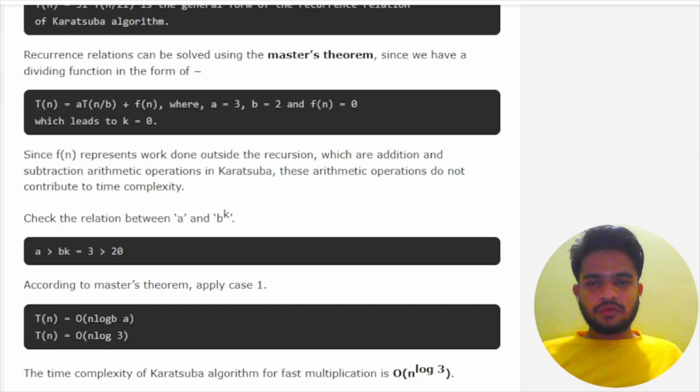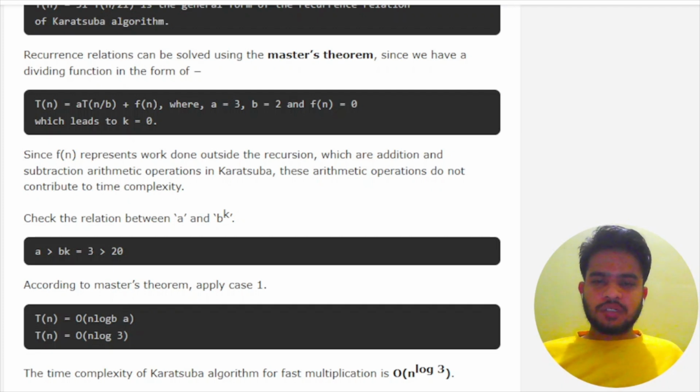Recurrence relations can be solved using the Master theorem. Since we have a dividing function in the given form, f of n represents work done outside the recursions, which are addition and subtraction arithmetic operations in Karatsuba. These arithmetic operations do not contribute to the complexity.